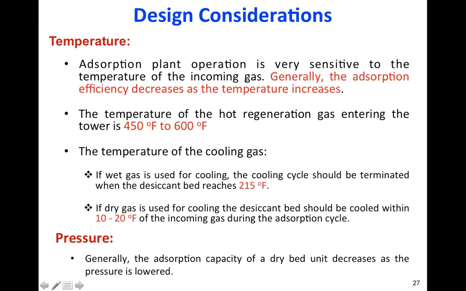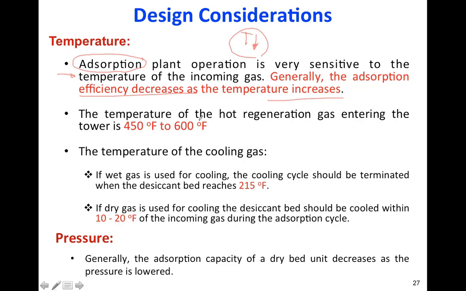The adsorption process is very sensitive to temperature. Temperature is the most important parameter in this process. The temperature of the incoming gas is very important. As I said, for adsorption we prefer lower temperature, so if this temperature increases, our efficiency decreases remarkably.